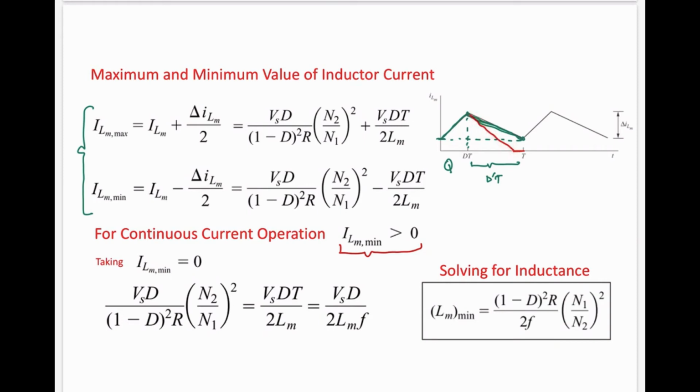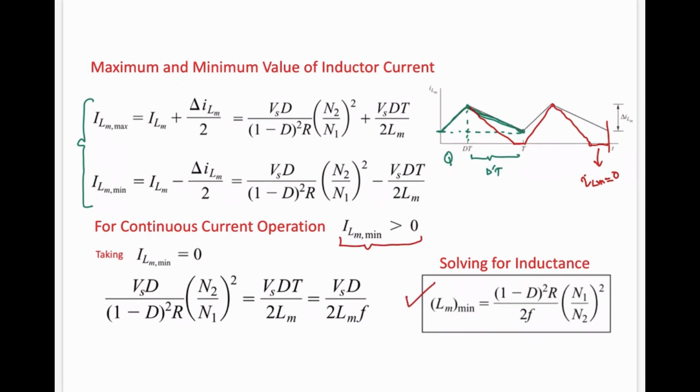So in the next cycle, it will start from 0, rise to some maximum value, and then come back to 0 before the start of the next cycle in the discontinuous mode. In the discontinuous mode, you have this zero current state, ILM is 0. But for continuous conduction mode, your ILM cannot stay at 0. So this is the critical inductance, or the minimum inductance, required to ensure continuous current.